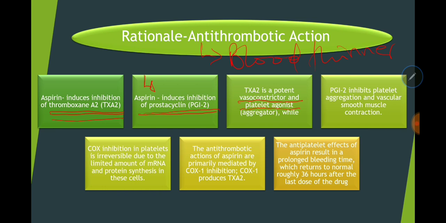So what is the function of thromboxane? Thromboxane is a platelet aggregator. It increases blood clotting. But because aspirin and other NSAIDs such as ibuprofen inhibit thromboxane, the blood does not clot because there's no platelet aggregation.